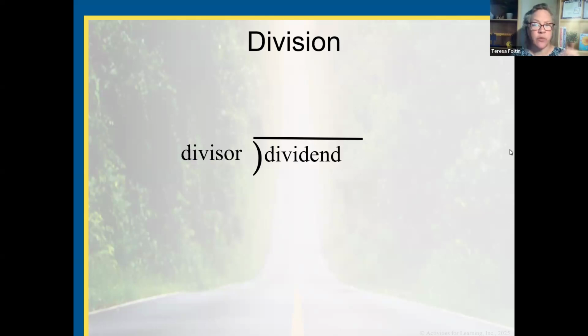And then inside the house, we put the dividend. That is, so the divisor goes into the dividend how many times, right? And then the quotient goes on top of that bar. The quotient is the answer. And then if there is a remainder, we put that to the right of the quotient.